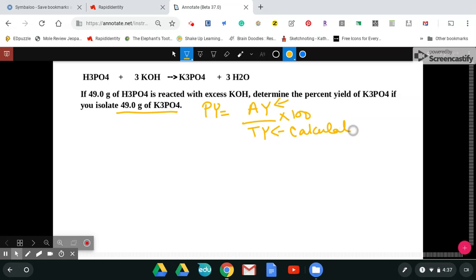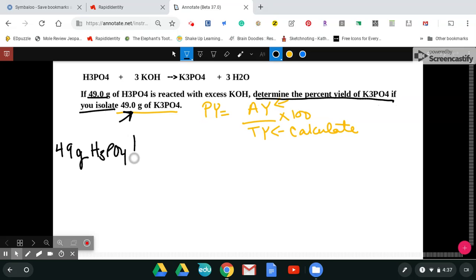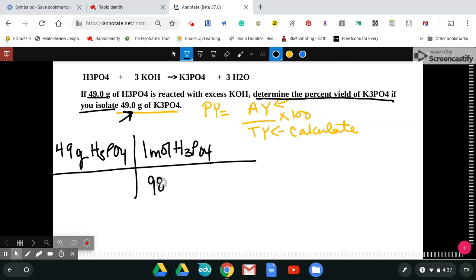All right, so let's put this together. What you're given is 49 grams of H3PO4. I know not to use this one as the starting amount because it says to determine the percent yield if you isolate, so that's a product. That's what I'm looking for. 1 mole of phosphoric acid is 98 grams.